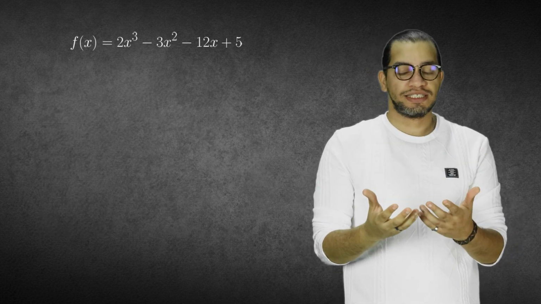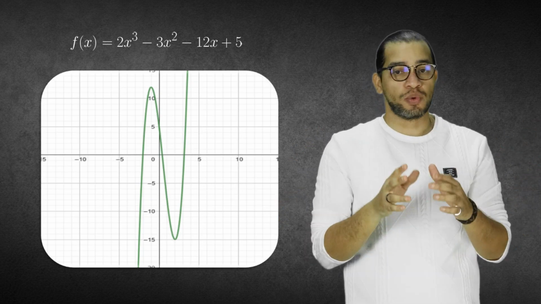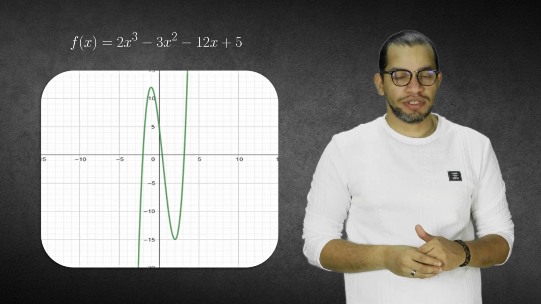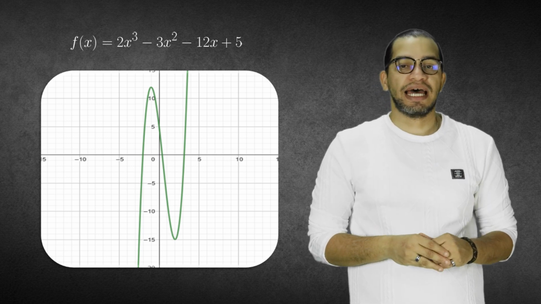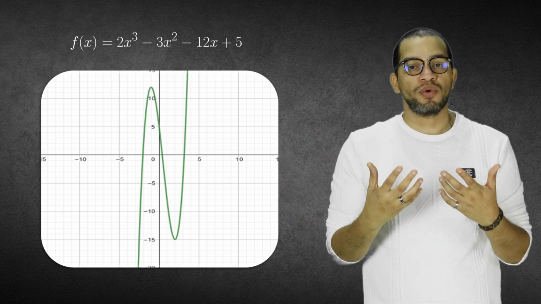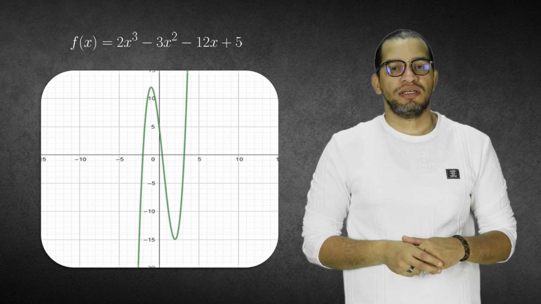Now we analyzed what happened right before and after the critical points. For example, for the critical point x equals -1, we analyzed that right before that point, the function was increasing, and right after, it was decreasing.